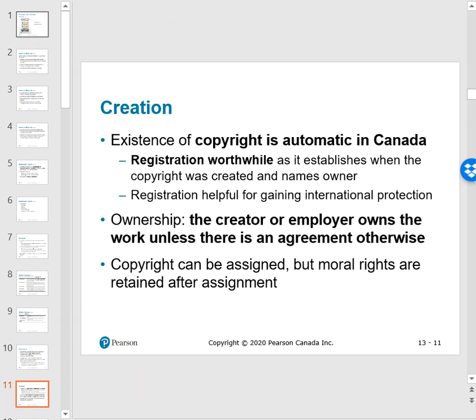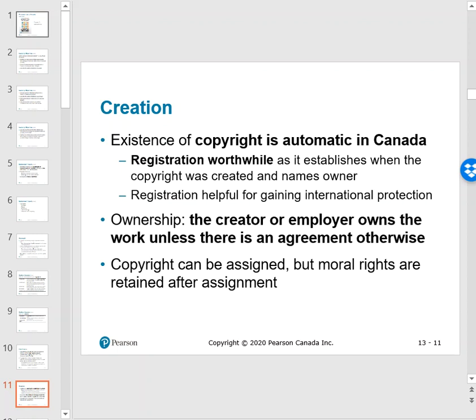A second reason you would want to register a copyright is that because it is automatic, it may be difficult to prove you were the one that created it. You are the owner. So you may want to register so that there is an official governmental record.